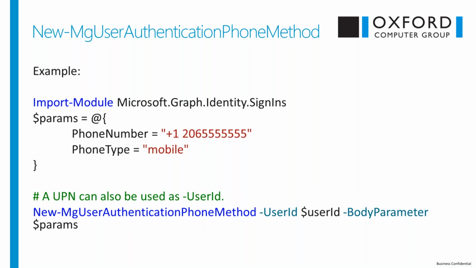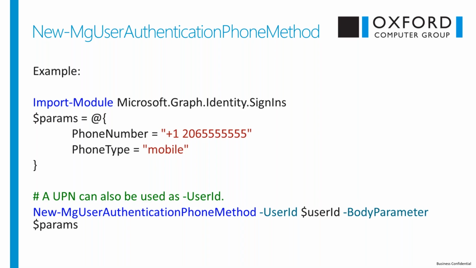Okay. So here is just an example of running some of the new commands, and everything here is pretty much a one-liner. So basically, we just import a module, we set some parameters, and then we just go off and call a one-liner in PowerShell, in this case, New-MgUserAuthenticationPhoneMethod, and we give it the user's name and the body of what we want to do, and then we'll go set.